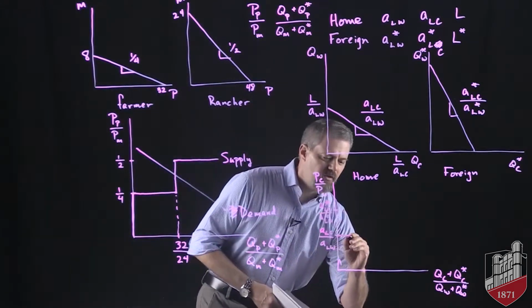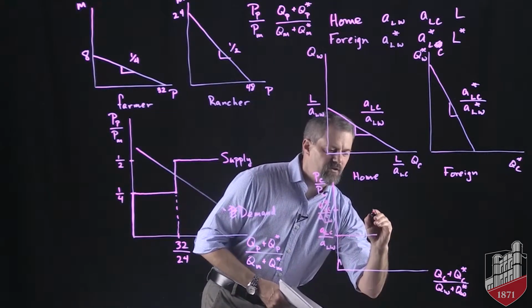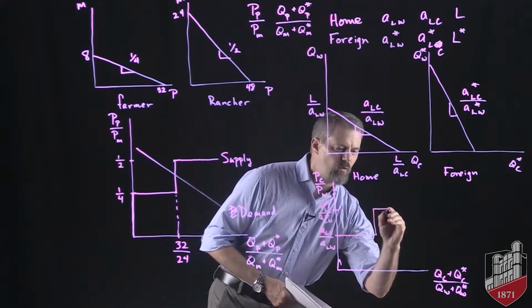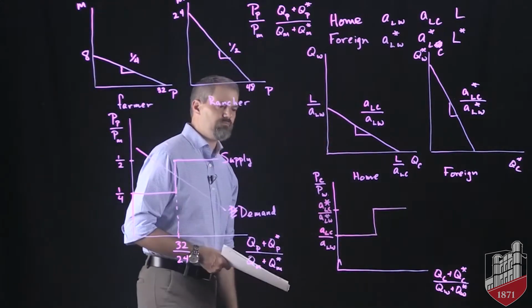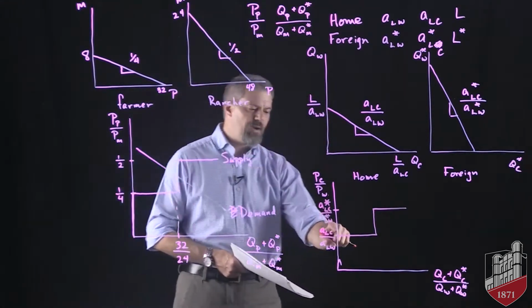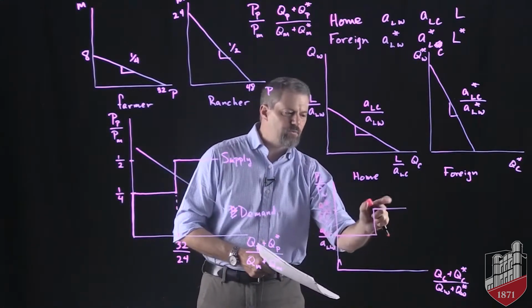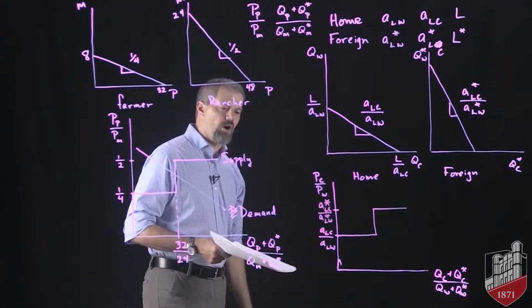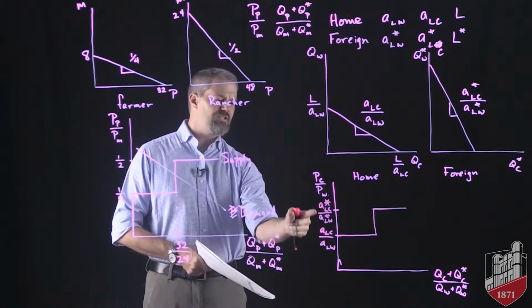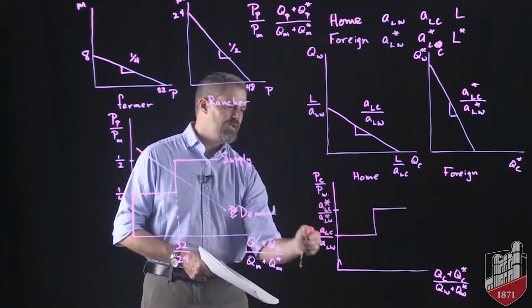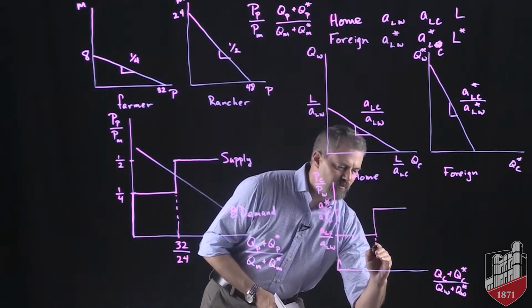We're going to have a horizontal segment, a vertical segment, and another horizontal segment. You don't need to worry about spacing these out the right amount. That's not important. All that's important is that you get these two numbers in the right place, and then you get this in the right place.